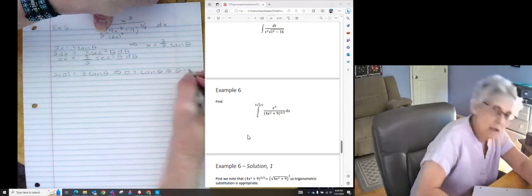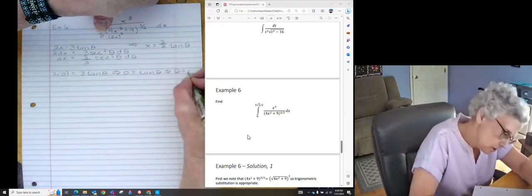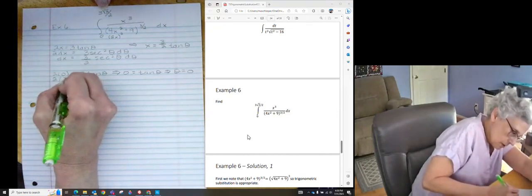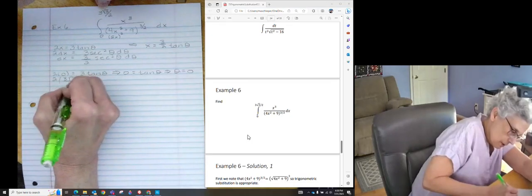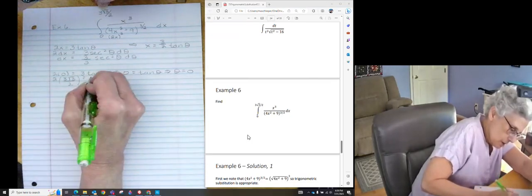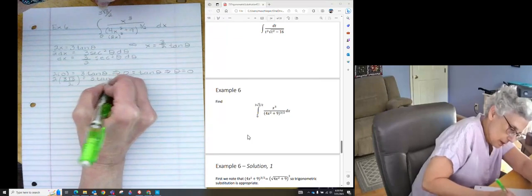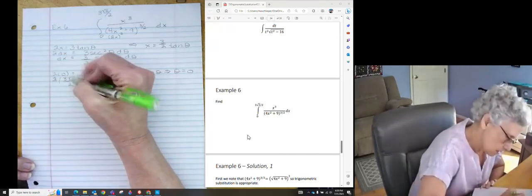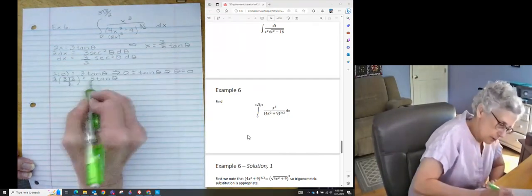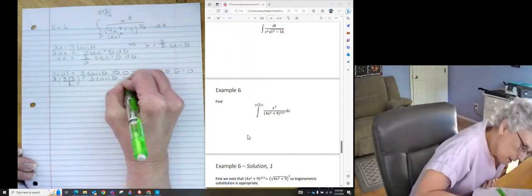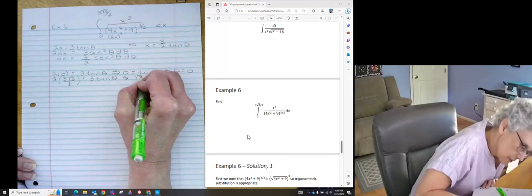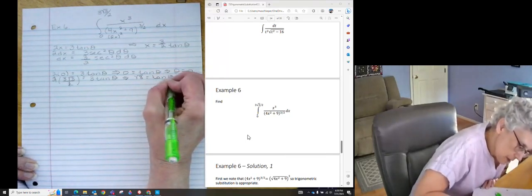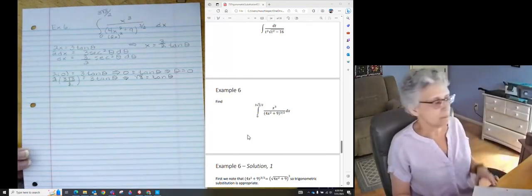So theta is the arctan of 0, which is a big fat 0. 2 times 3 square root of 3 over 2 is equal to 3 tan theta. So we can cancel that 2 with that 2. We divide both sides by 3. That means that square root of 3 is equal to the tan of theta.